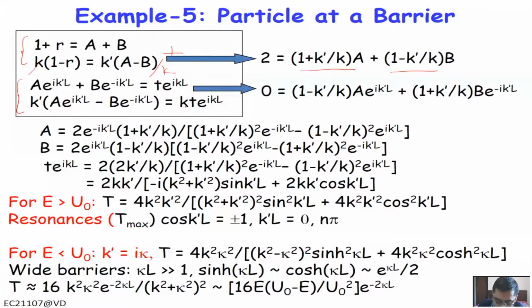You divide by k, and then you subtract. So this becomes 0, and for convenience we are flipping the side: 0 is equal to A times (1 minus k prime by k), and for B, (1 plus k prime by k). So now you have two equations in A and B. You can obtain A. I did it, so maybe I'll show the steps I followed.